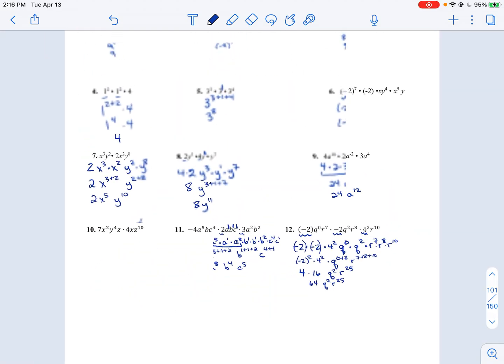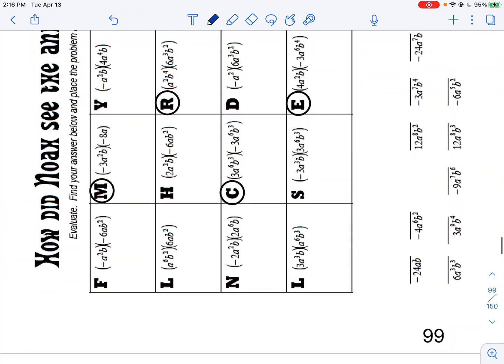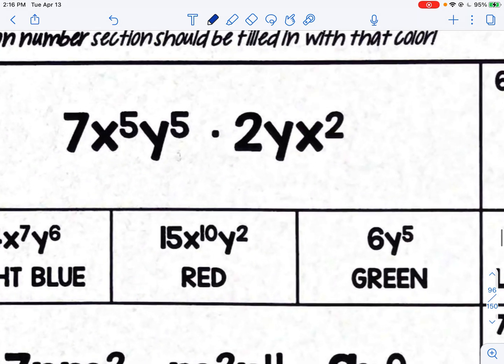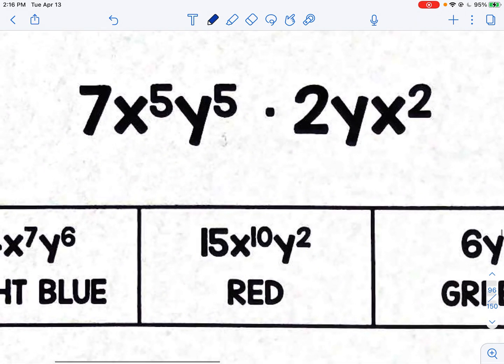Then the other page we're doing, I believe, is page 96. Right here. Page 96 is we are. So 7 times 2. Then I have x to the 5th. I have x squared.